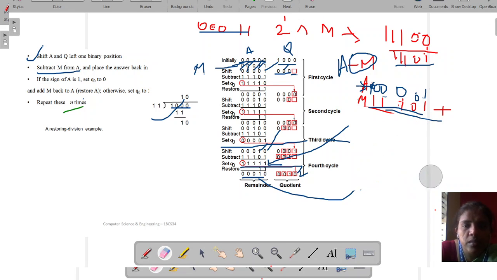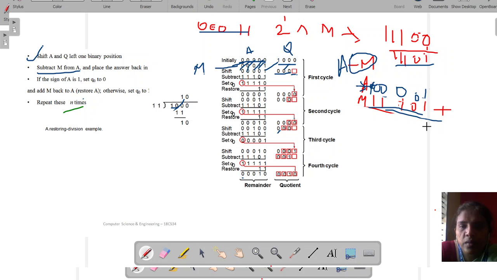After adding 00001 and 11101, what is the result? The result is here.